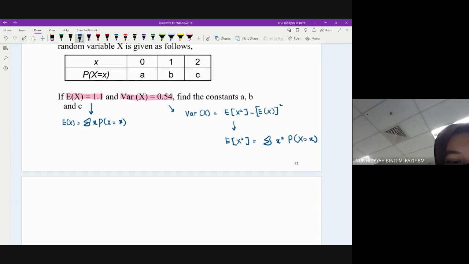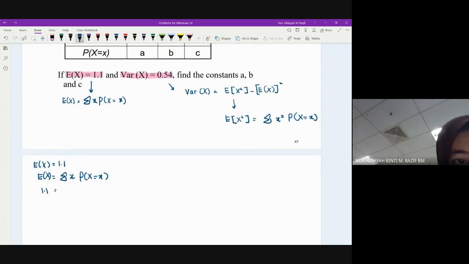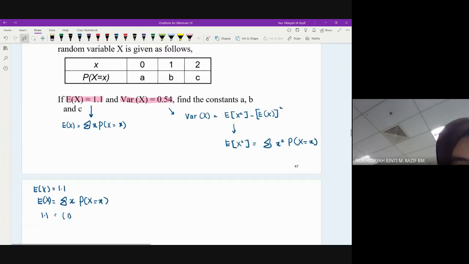So starting from expected value of x, nilainya adalah 1.1. Using the formula, I know that 1.1 should be equal to the summation of x darab probability x is equal to x. So this should be equal to, okay, 1.1 will be equal to the summation of 1 didarabkan dengan kosong.